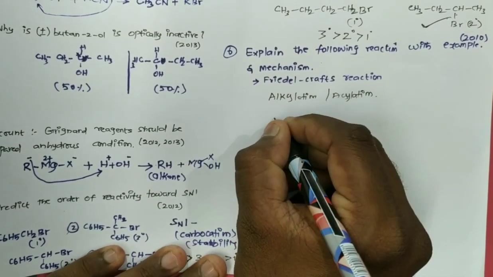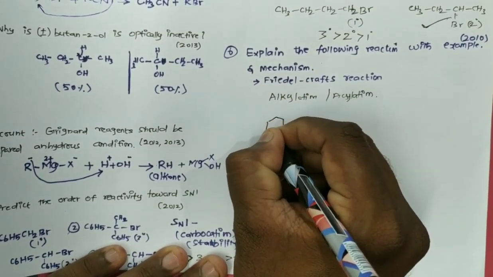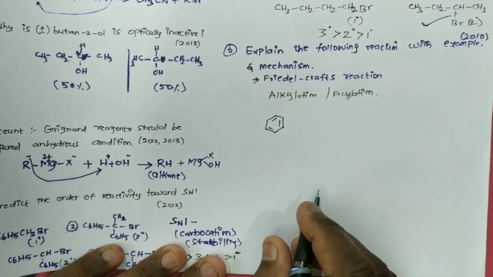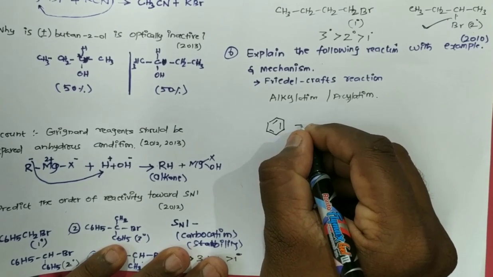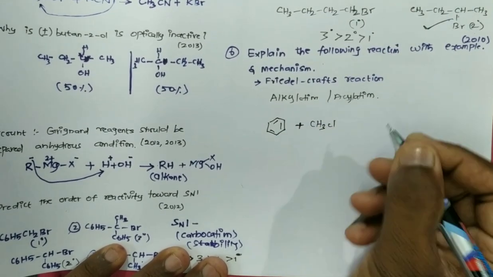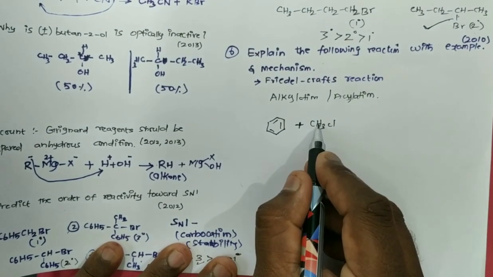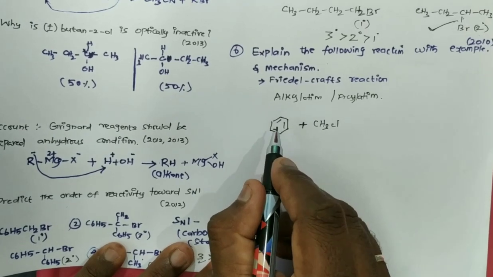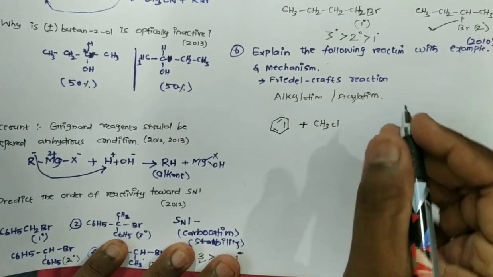Now, the Friedel-Crafts reaction. Suppose I am taking a benzene ring, in which I am going to add CH3Cl. So I am going to add the CH3 group to this. So I am going to prepare toluene from benzene. How will you prepare it?